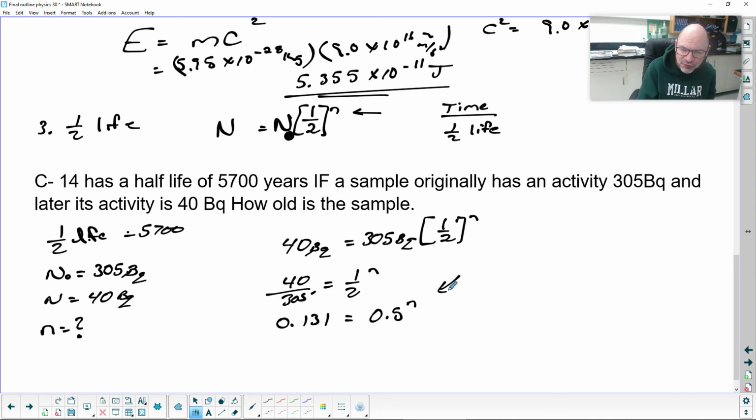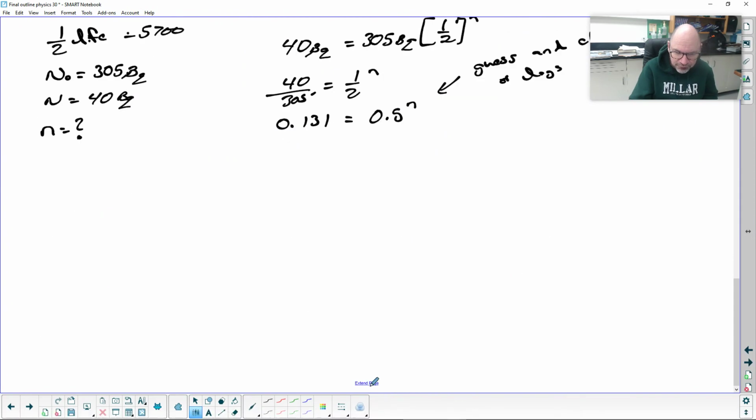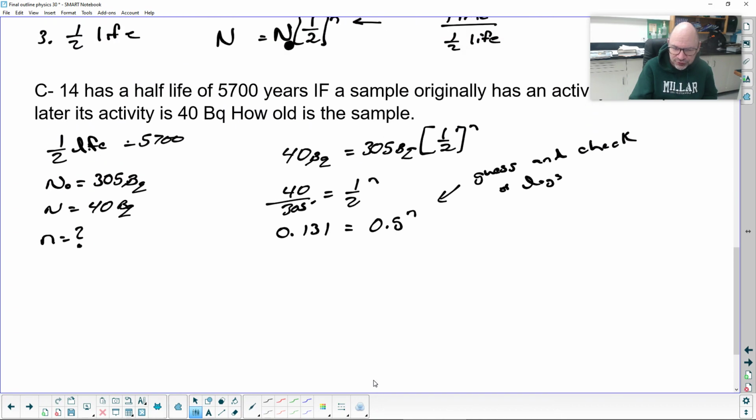Now you can guess and check, or you can use logs. If you took Pre-Cal 30, you can do logs. I'm going to do guess and check because not everybody took Pre-Cal, and then I'll do logs as well, just to show you.